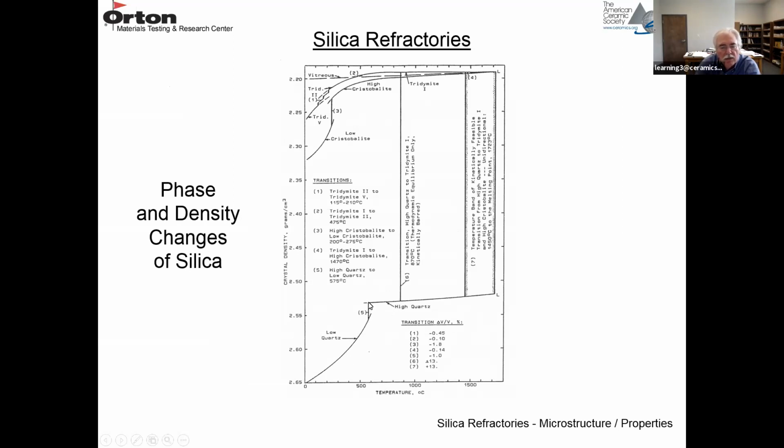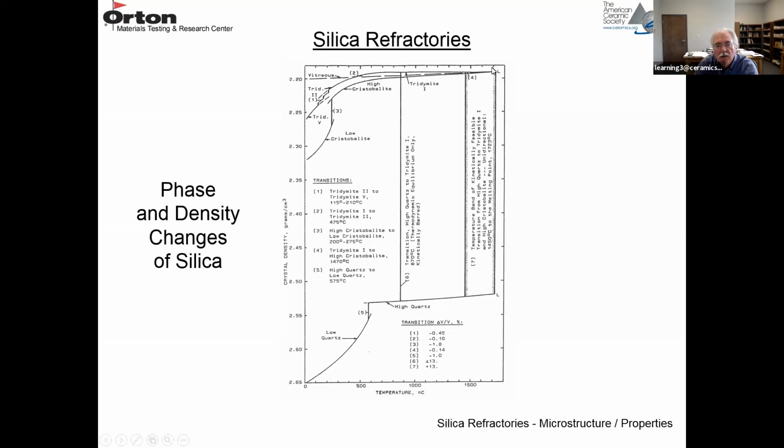So there's a volume change, which corresponds to a density decrease. And then from thermodynamics, at about 870 degrees C, you're supposed to go from high quartz to tridymite. But that doesn't happen because the kinetics are so slow.